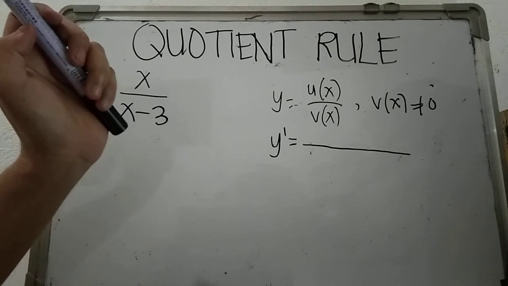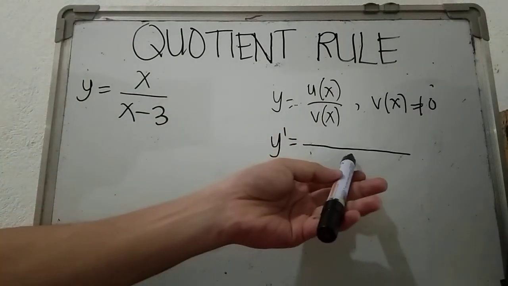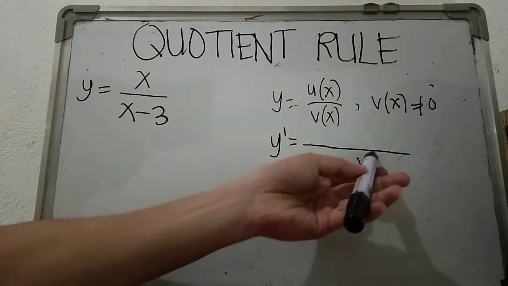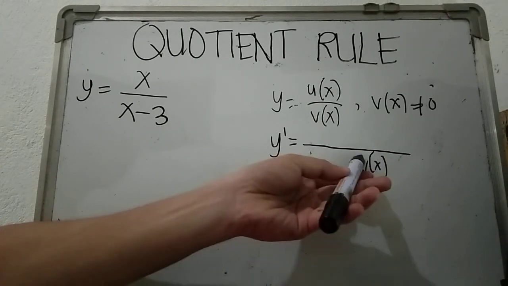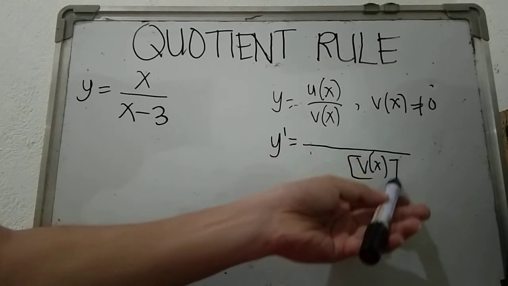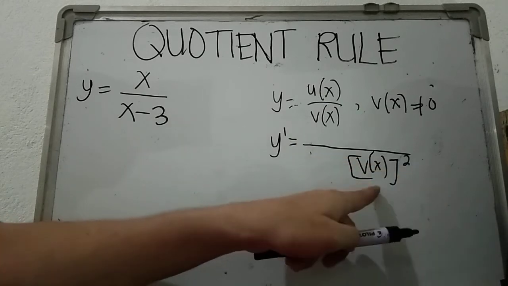So according to the rule, all you have to do is copy the denominator, which is v of x, and then square that. That's your denominator part.